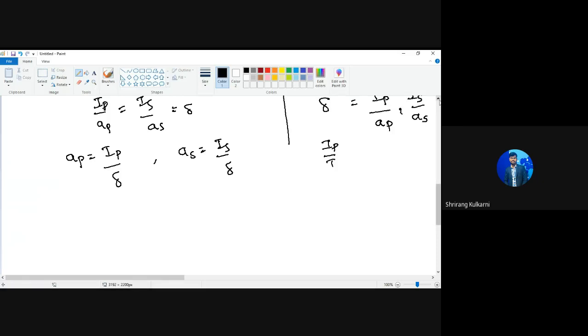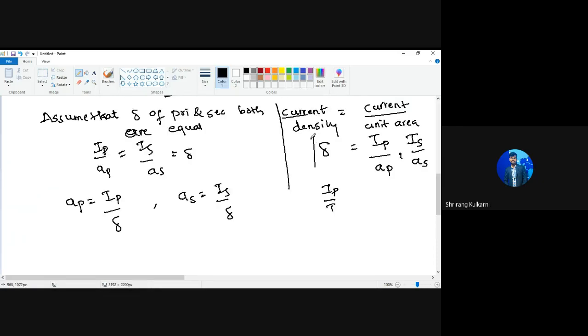From this formula, delta is equal to IS by AS, so AS is IS by delta. So AP and AS we can write like this with respect to the current density.